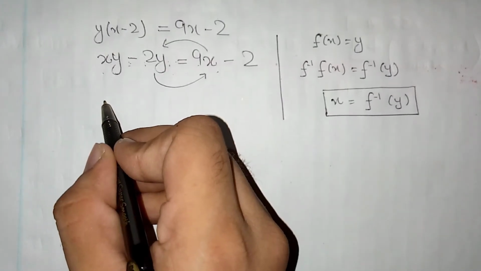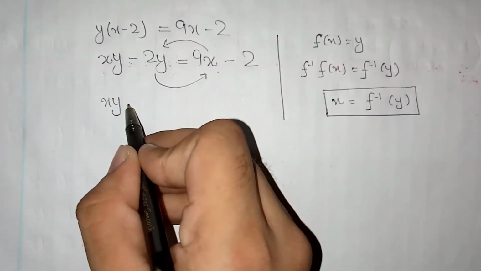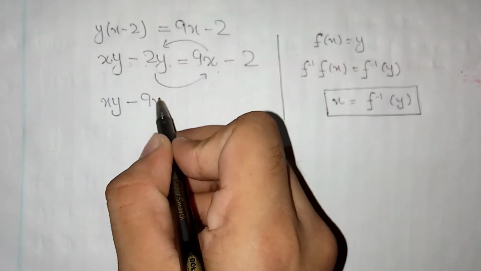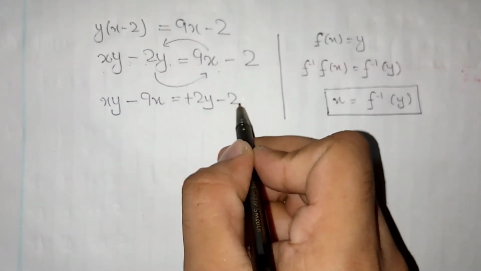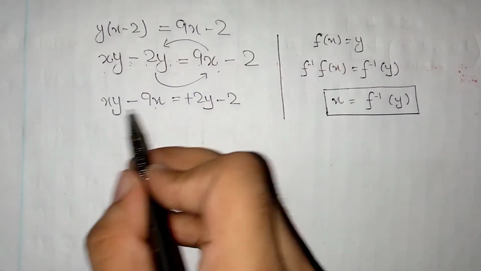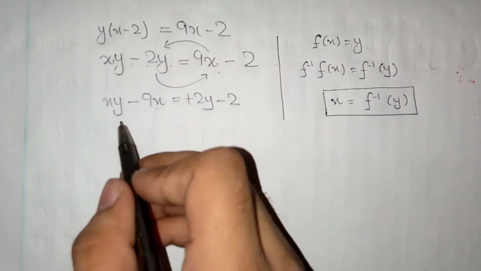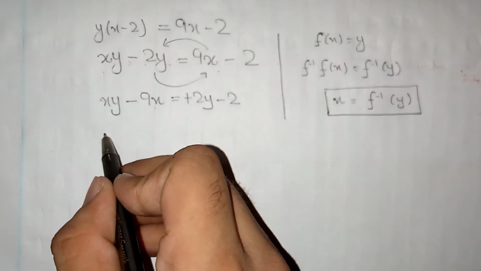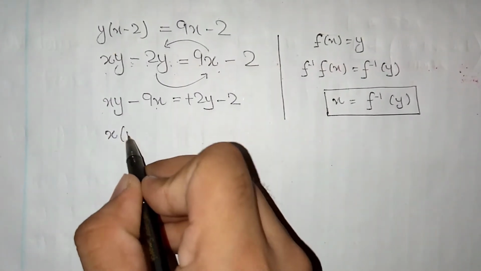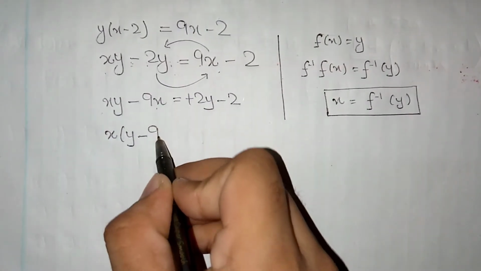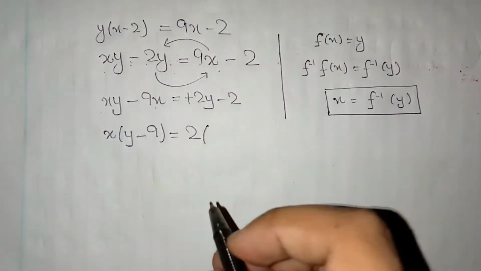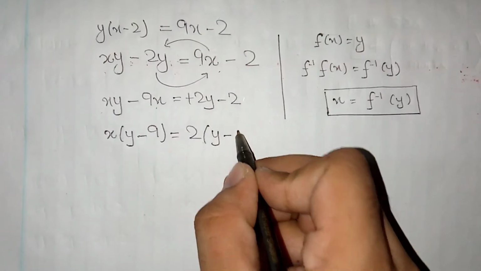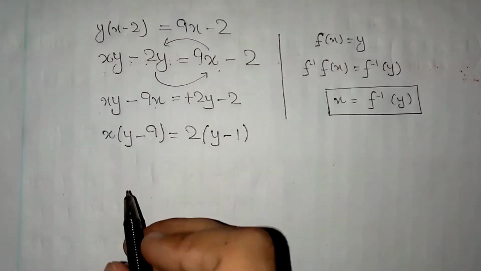Our expression looks like xy − 9x = 2y − 2. Now taking x common from the left side, we have x(y − 9), and taking 2 common from the right side, we have 2(y − 1).